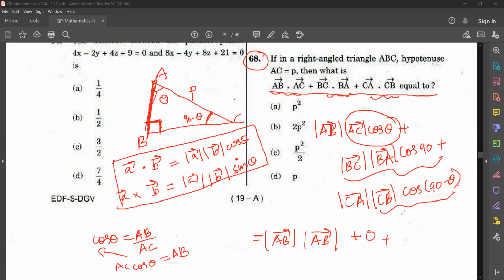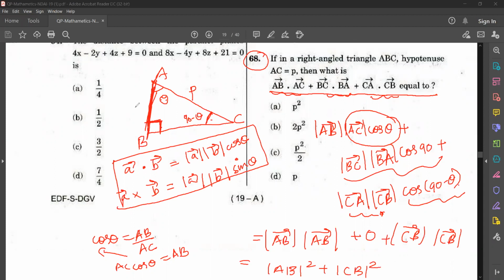This CA cos 90 minus theta, I can write it as CB. So this is CB into CB. So this is AB square plus CB square.